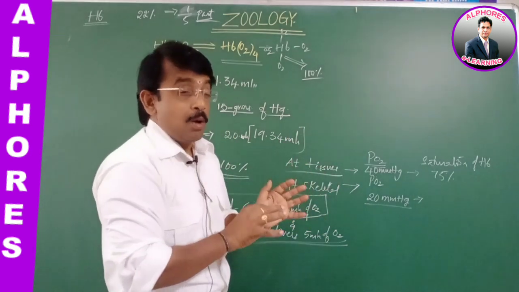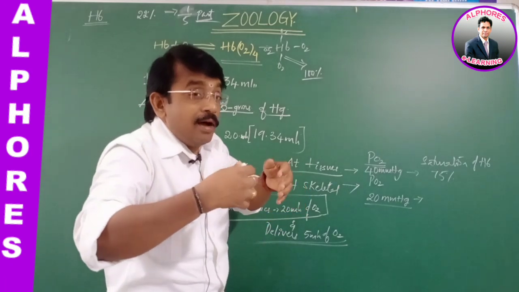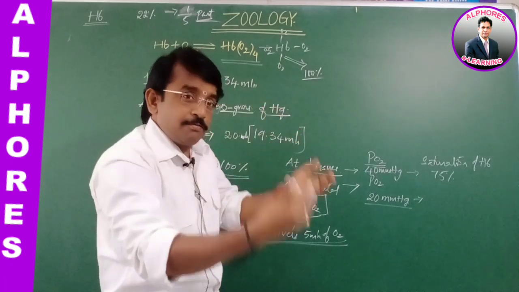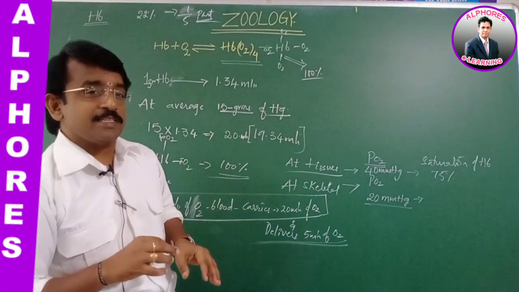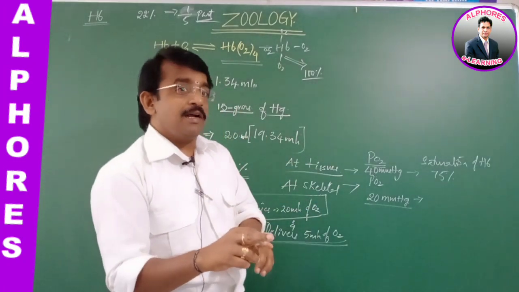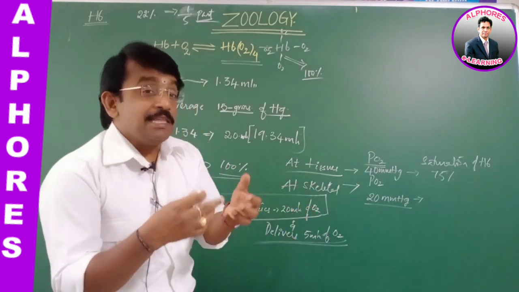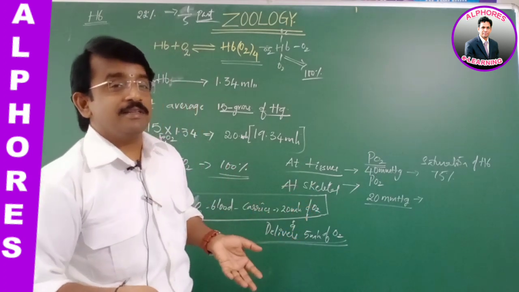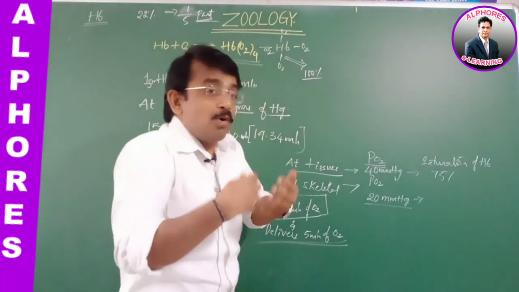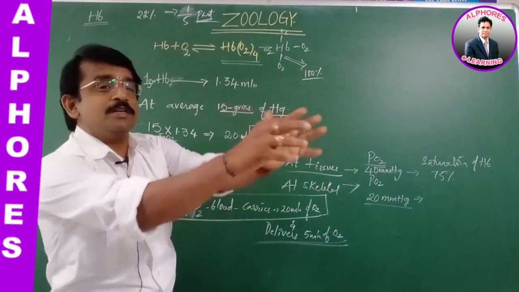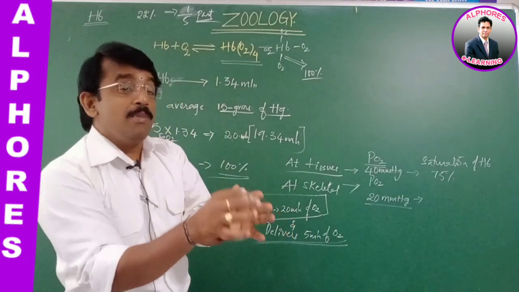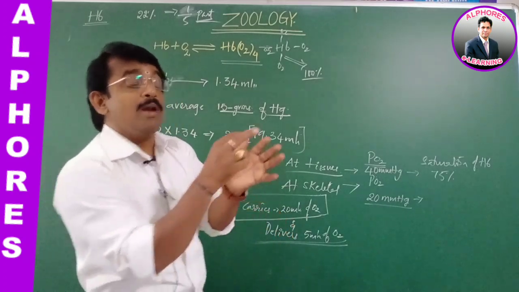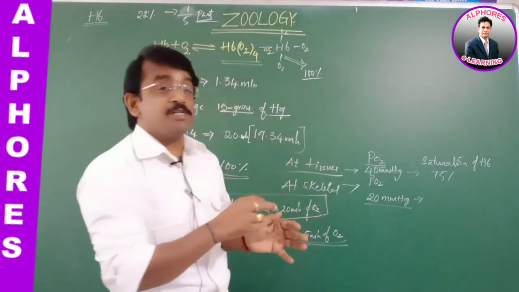Why? Where the oxidation of food substance is faster, the utilization by muscles is faster. What do you mean by that? It means that they require more oxygen. That is the reason why more oxygen is delivered to the tissues. So saturation of hemoglobin will be very less when compared with that of the normal tissues.